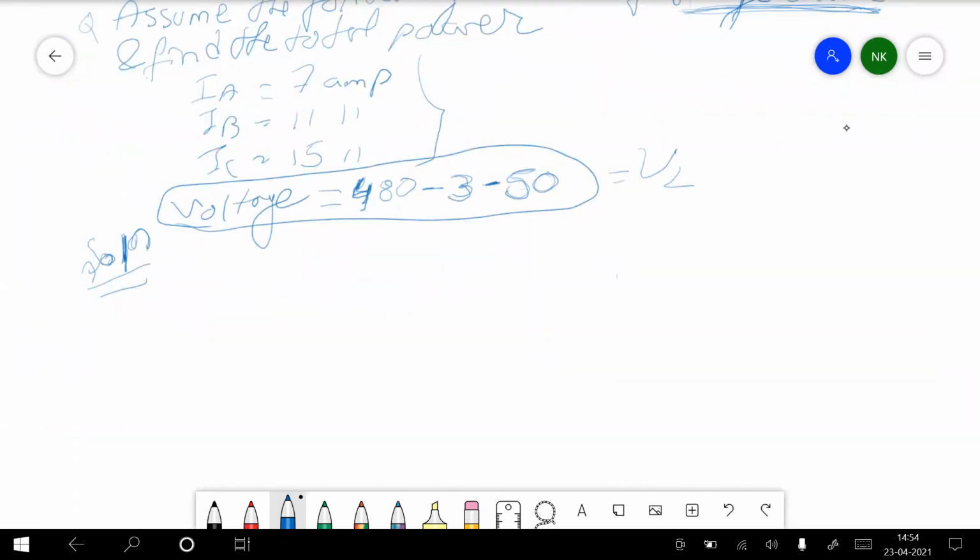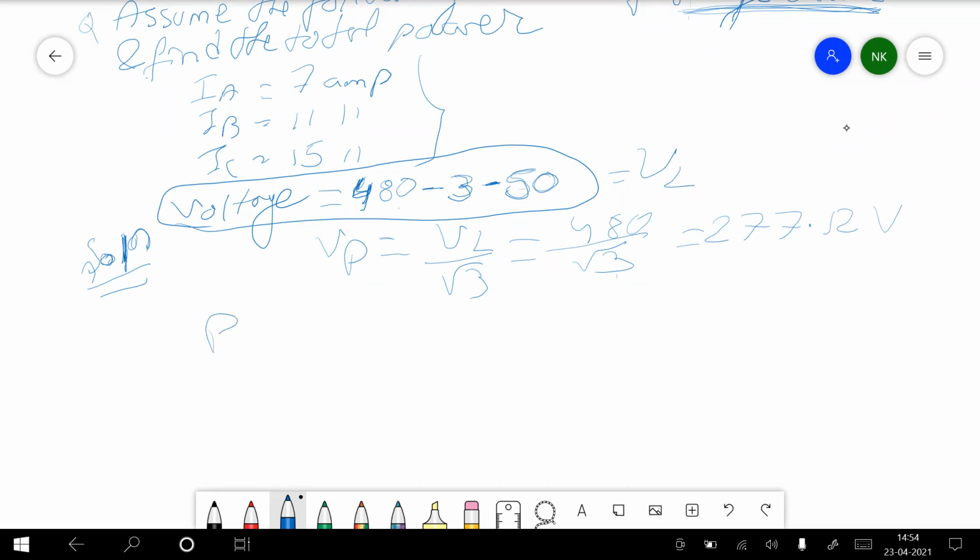So first you have to find VP. Your VP is VL by root 3, which is 480 by root 3. How much will the value be? It will be around 200-something. Sir, 277.12. Okay, you have got this.